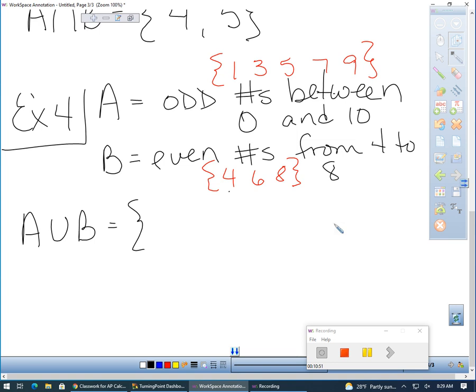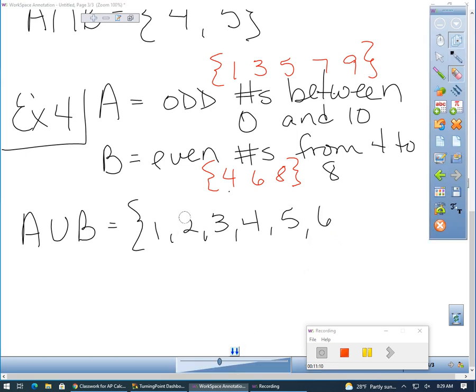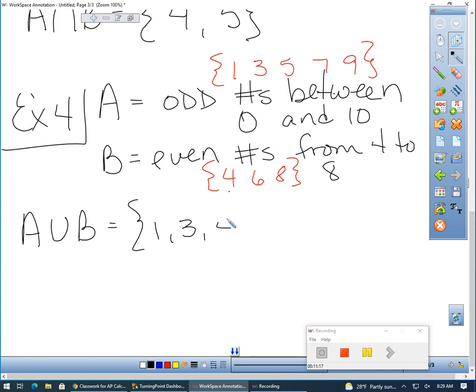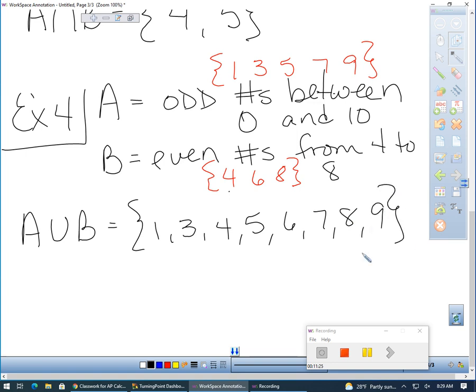We're going to try and put them in order, okay? So we do have 1, 3, then I'm going to come down here. I have 4, 5, 6. Oh, there wasn't a 2. Thank you, Ben. Good job. All right. So 1, 3, 4, 5, 6, 7, 8, and 9. Awesome. That's all of them all together, right?